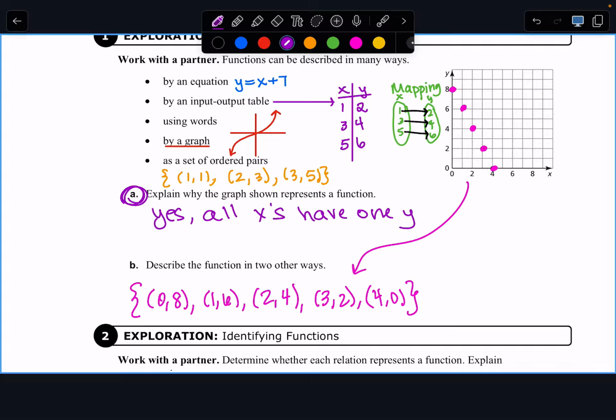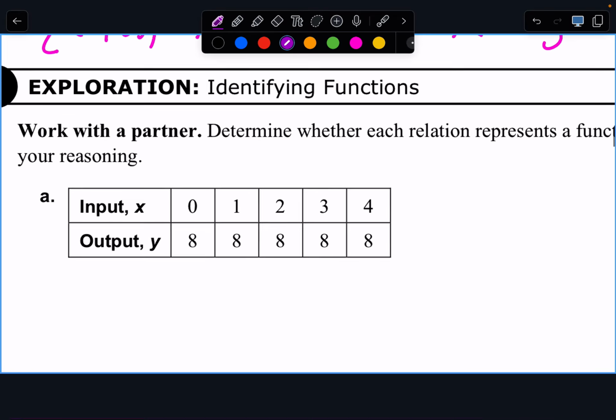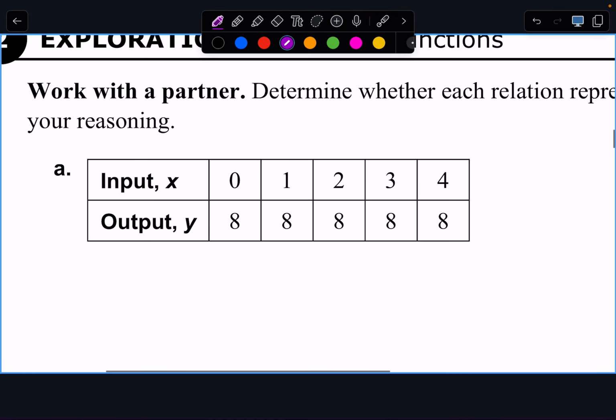Okay. So I want to talk about what that looks like in all the different ways that this could happen. We're going to work as a class. If this is my XY table, the question we need to ask ourselves, does every X have only one Y?